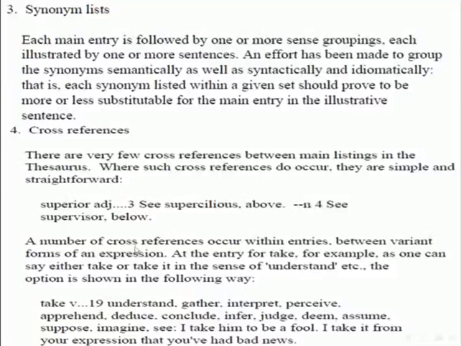Number 4: see supervisor below. As an example, a number of cross-references occur within entries between variant forms of an expression. As in the entry for take, for example, as one can say either take or take it in the sense of understand, etc. The option is shown in the following way.